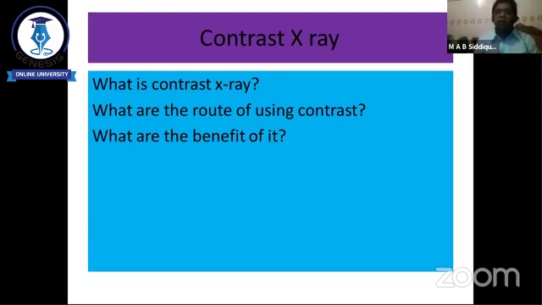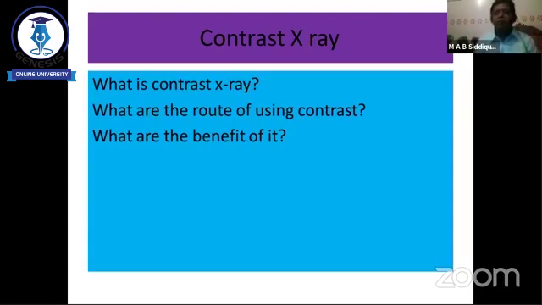So in contrast X-ray, we use contrast or dye, and there are three routes of using dye. One is the oral route, another is the IV route, and another is the rectal route.